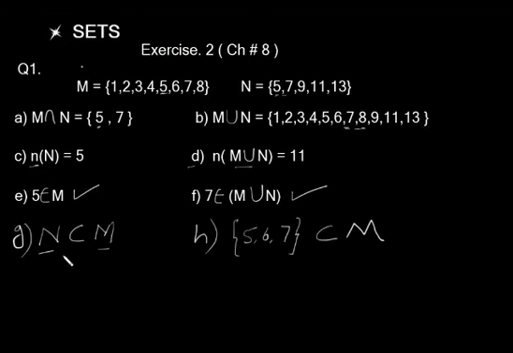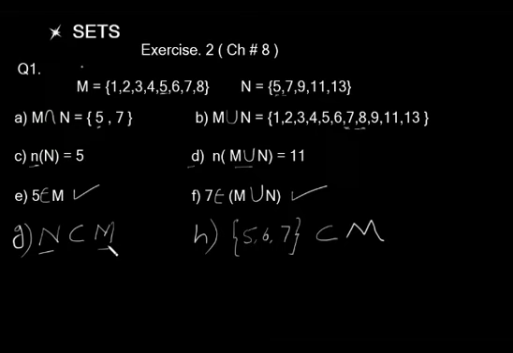In part G, we have to check whether N is a proper subset of M. In order to check whether a set is a proper subset of another set, we just need to look for two things. First thing is whether the members of the left side set are in the right side set.